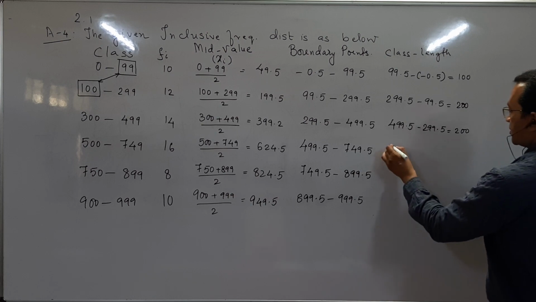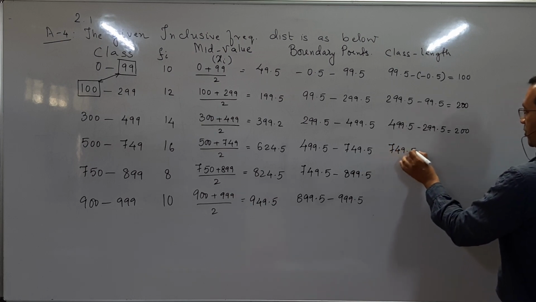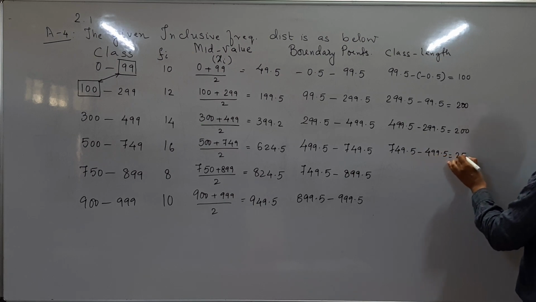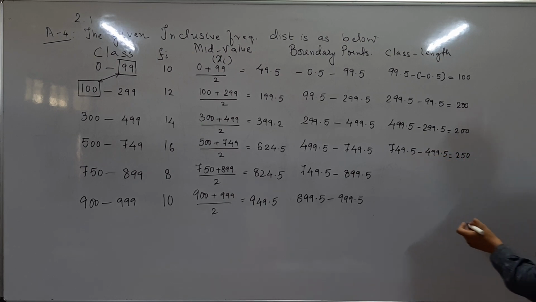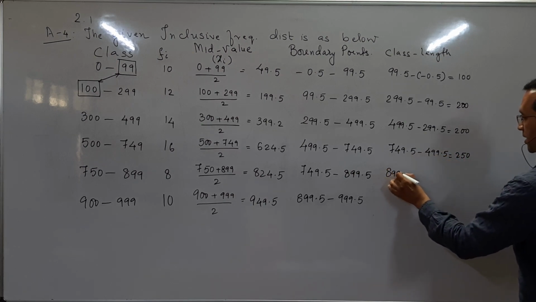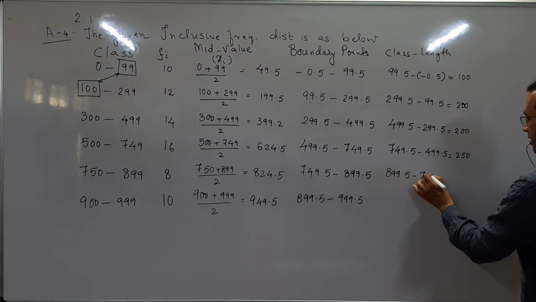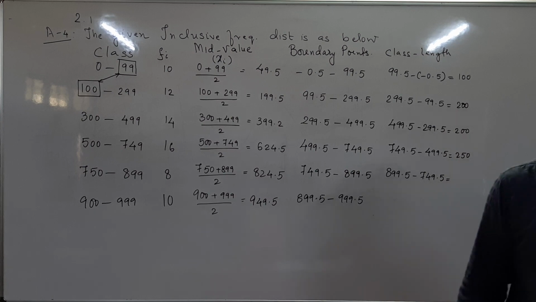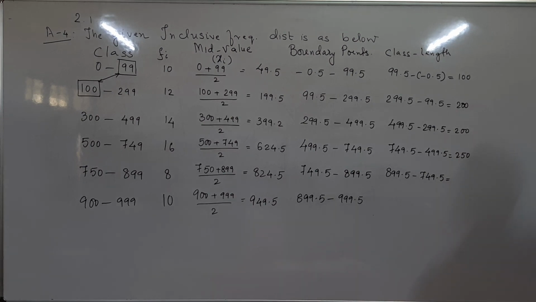Then 749.5 minus 499.5, so the answer is 250. Then 899.5 minus 749.5, easily students you can do this, 150.